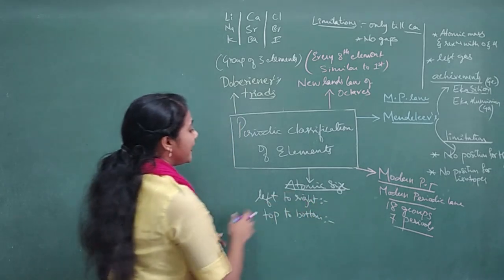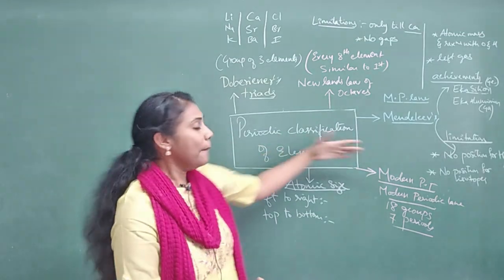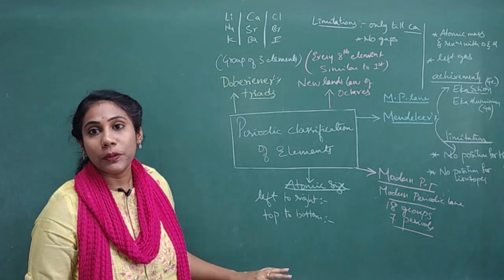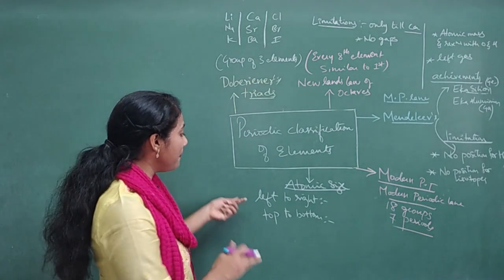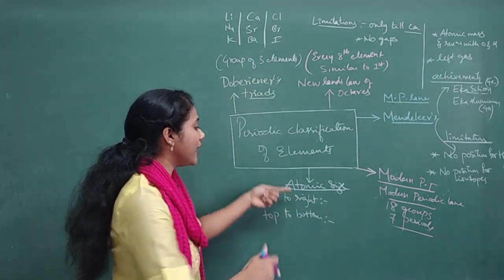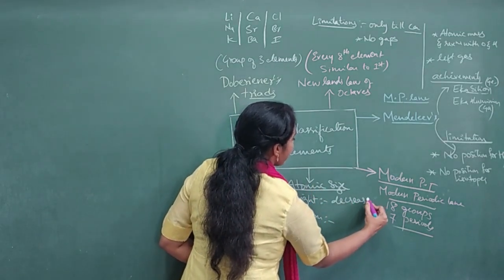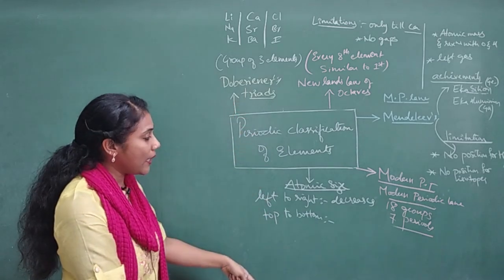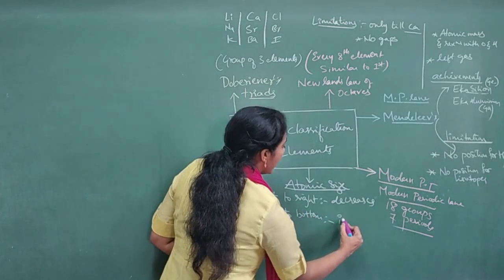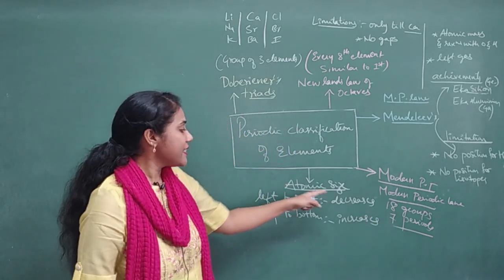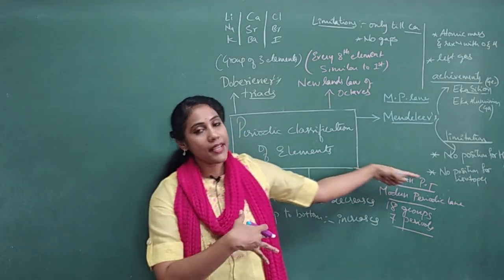Left to right means across the period. Top to bottom means down the group. Across the period, when you go from left to right, atomic size always decreases. And when you go from top to bottom, atomic size always increases. Why does the size decrease across the period?